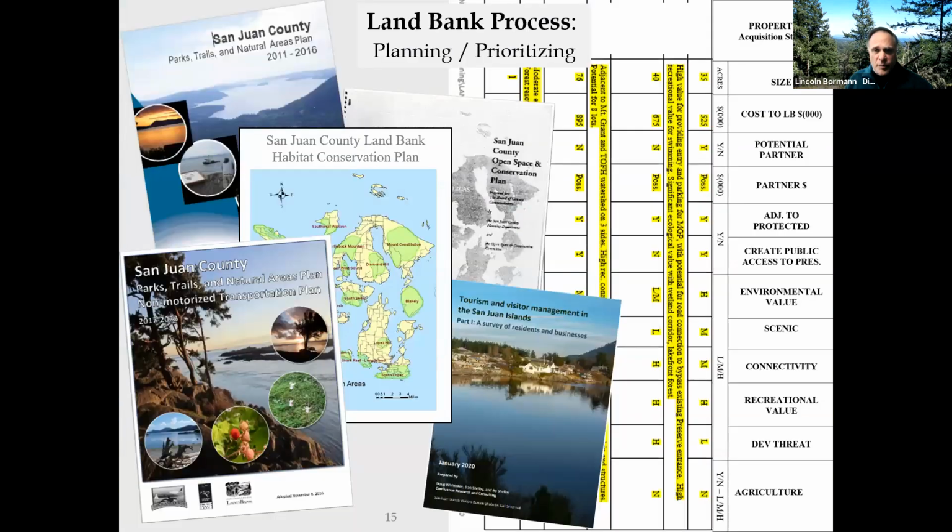So when we're thinking about projects, we go through a number of steps. It starts with planning. And so again, we do a lot of surveys of the community. We do a Parks, Trails, and Natural Areas plan with county parks and public works every 6 years. This all started with the San Juan County Open Space Program, which you see here in the center of the screen.